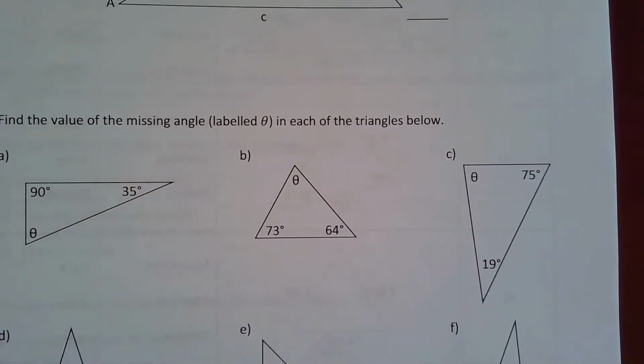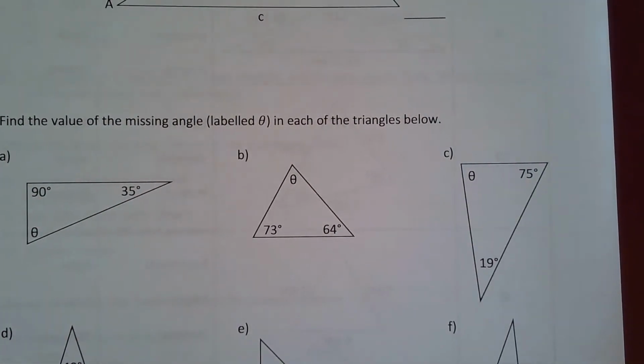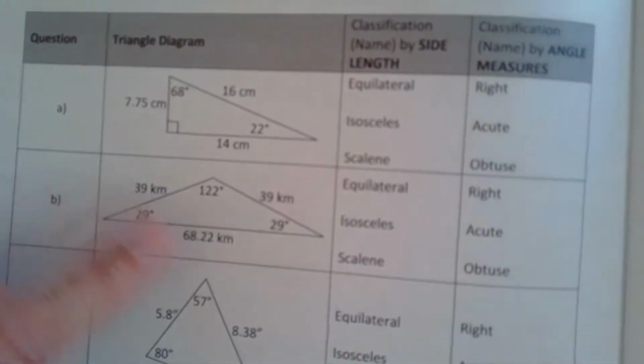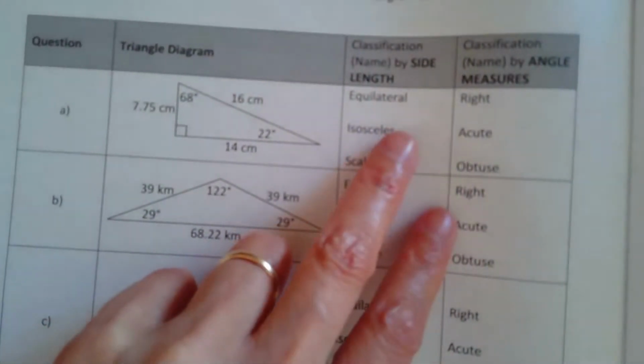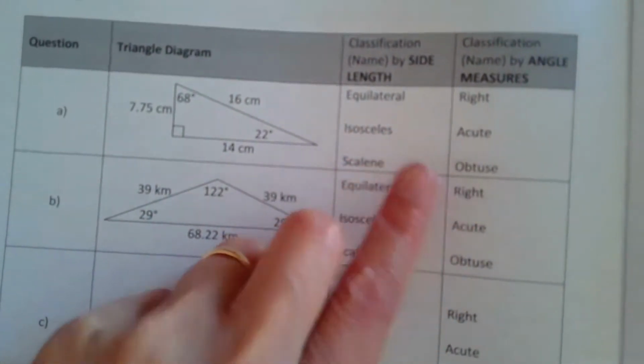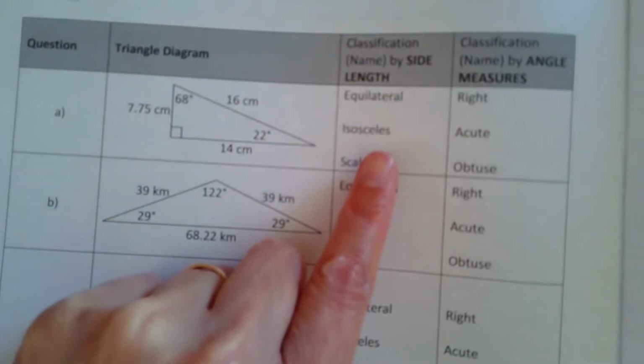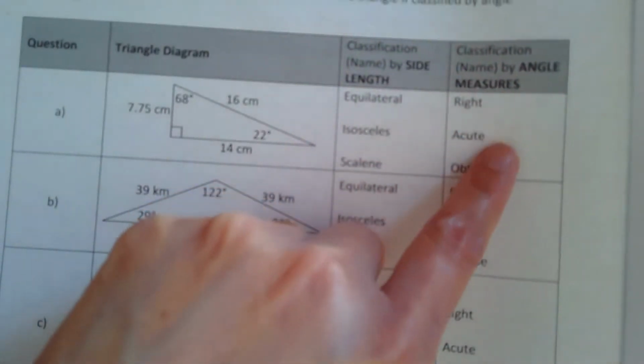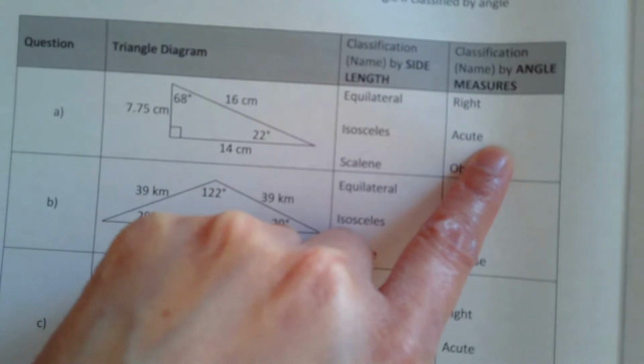Number 2 is finding the angle, so using the rule of 180. Number 3 is basically you're going to circle which one is the correct classification based on side length, and then another classification based on angle.